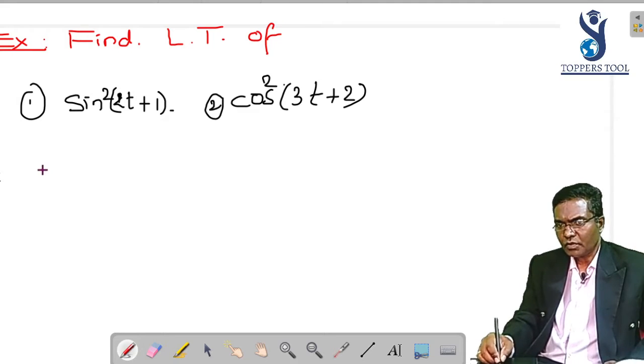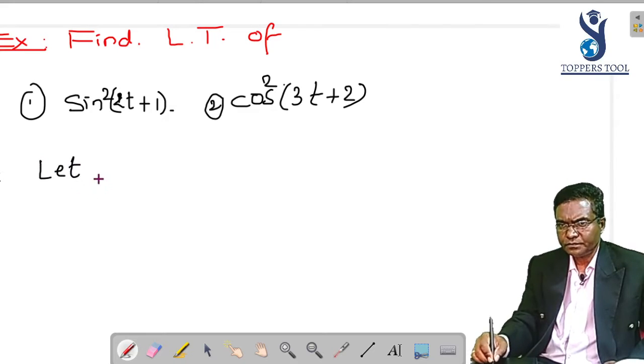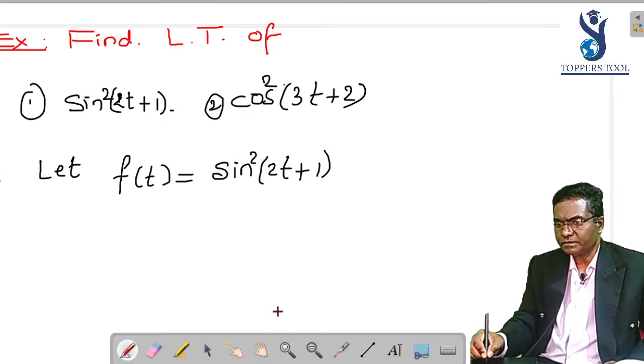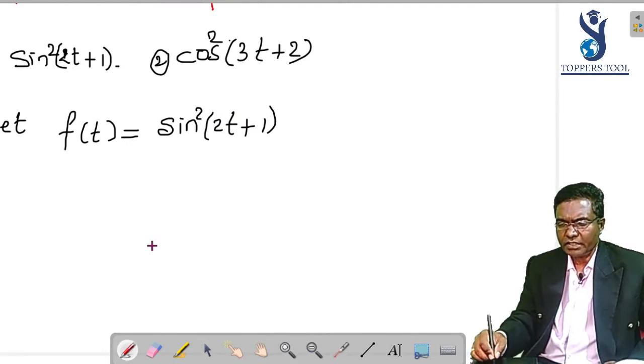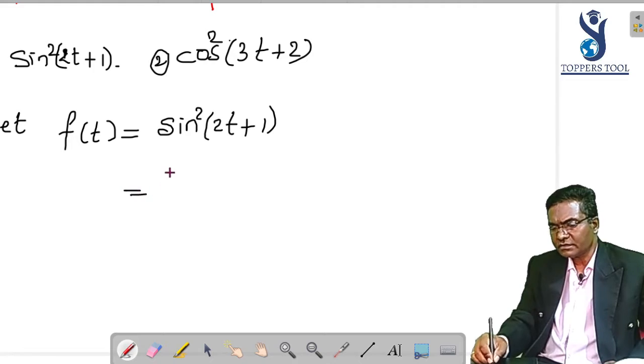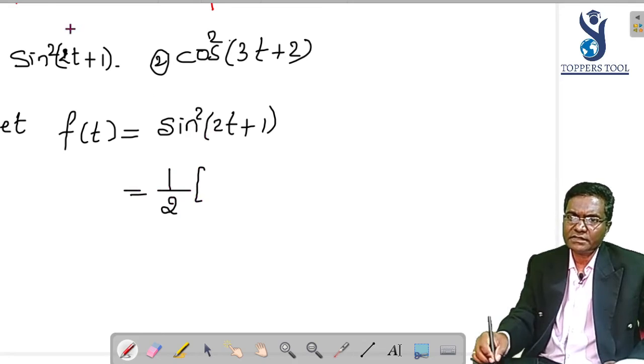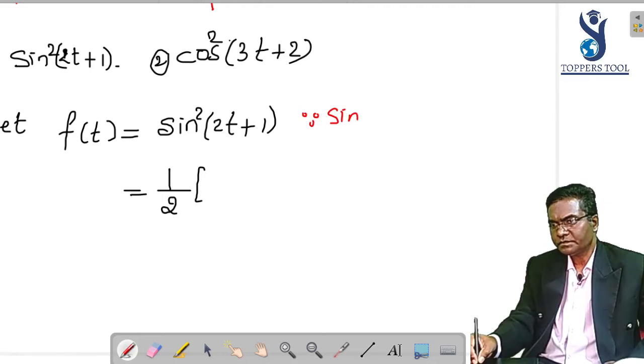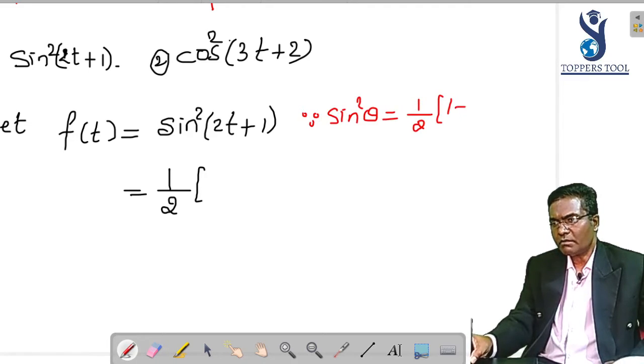Okay, so let f of t be sine square (2t + 1). This sine square has to be converted as a sum.